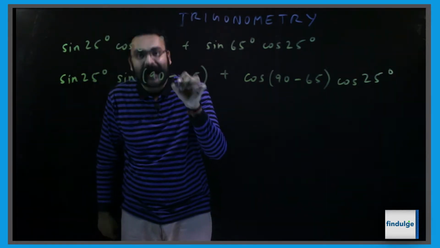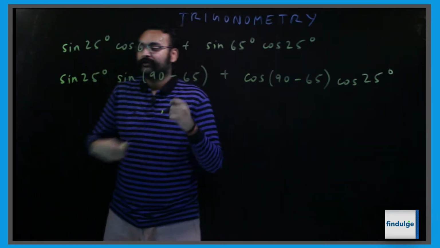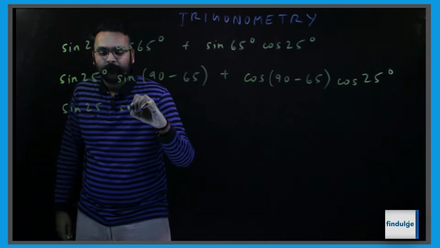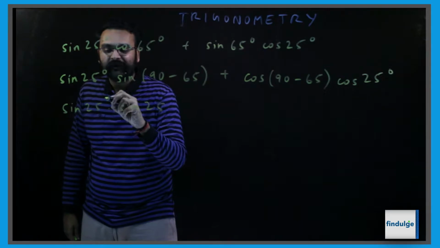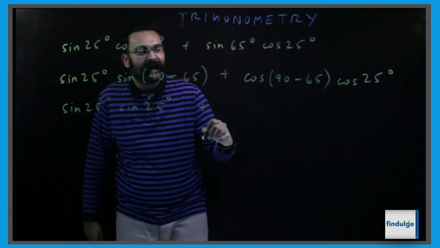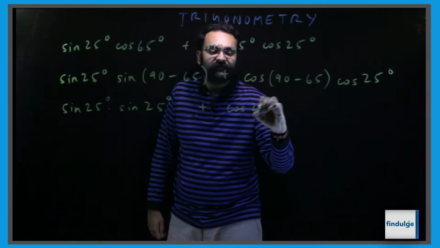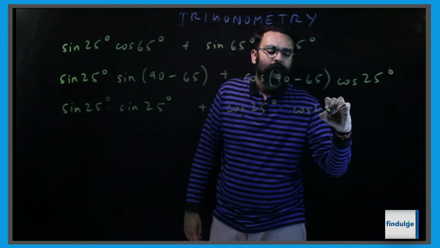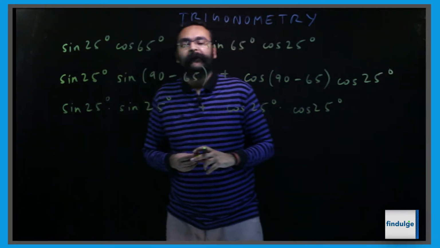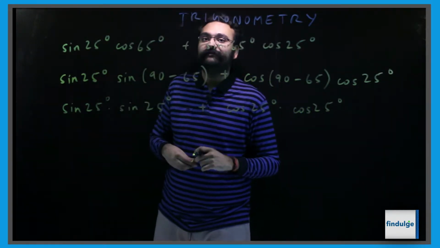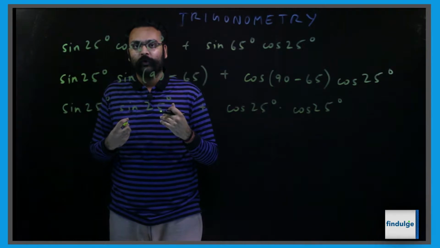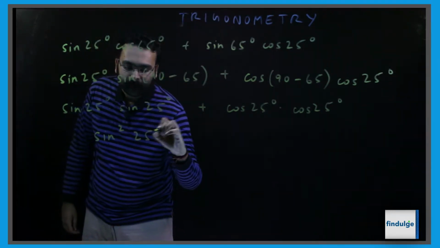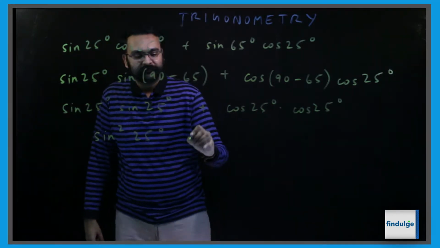I'm going to actually calculate this. So I rewrite it as sine 25 into sine 25. Similarly here I have cos 25 into cos 25. Now of course this is nothing but sine 25 whole square, which as we know notation wise is written as sine square 25.